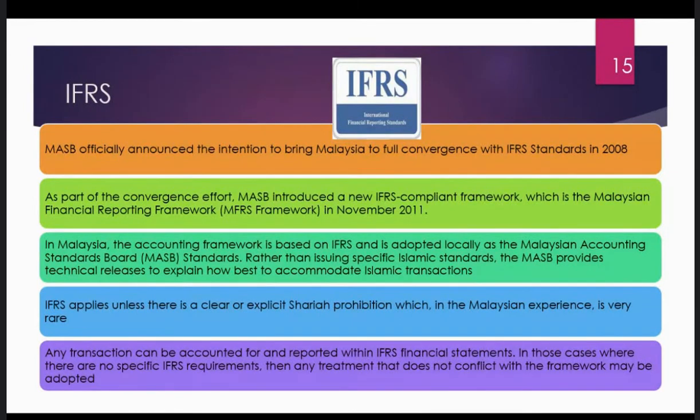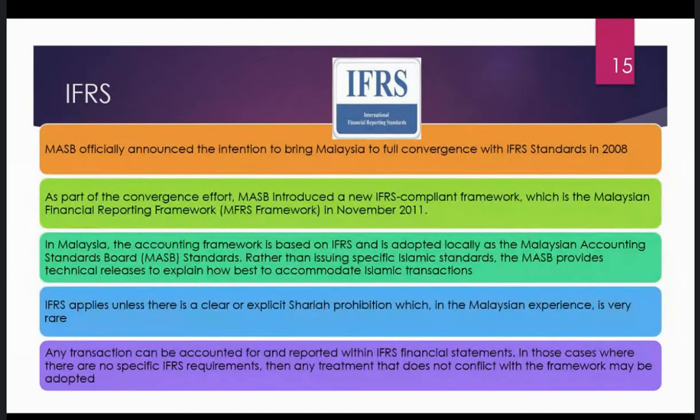MASB officially announced the intention to bring Malaysia to full convergence with IFRS standards in 2008. And as part of the convergence effort, MASB introduced a new IFRS compliant framework, okay, which is MFRS, in November 2011.